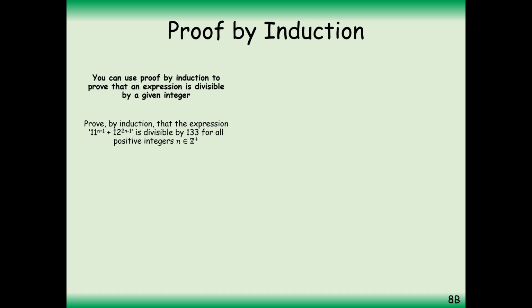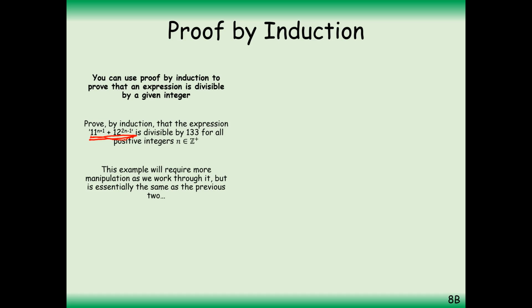Now this last example has a little bit of a challenge in it, which I'll show you. So expect a little bit of extra thinking when you have an expression with two powers here. The expressions we have looked at so far only had one index and a constant added and so on, or it was a polynomial.